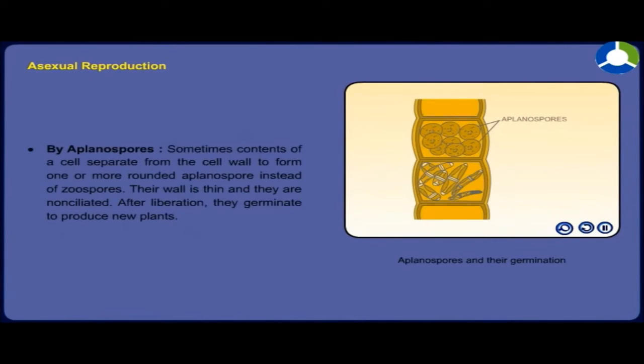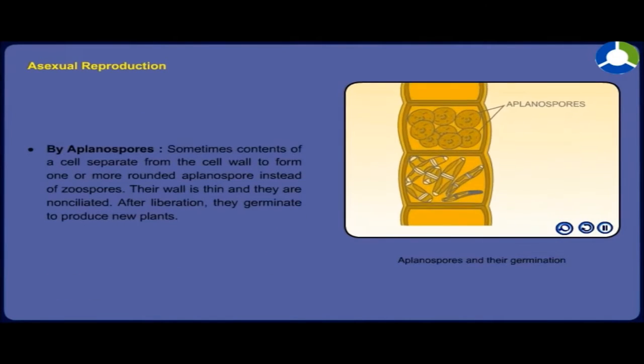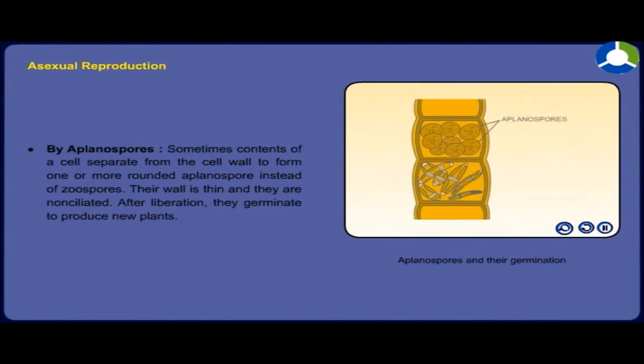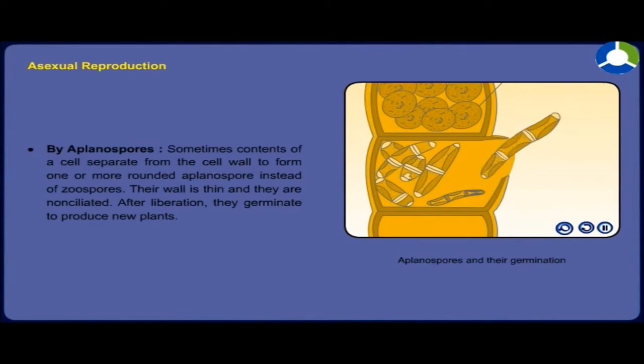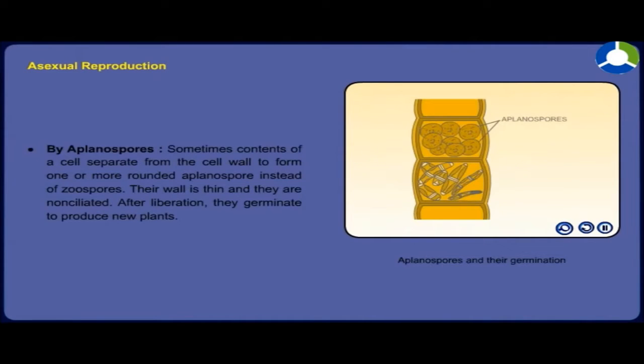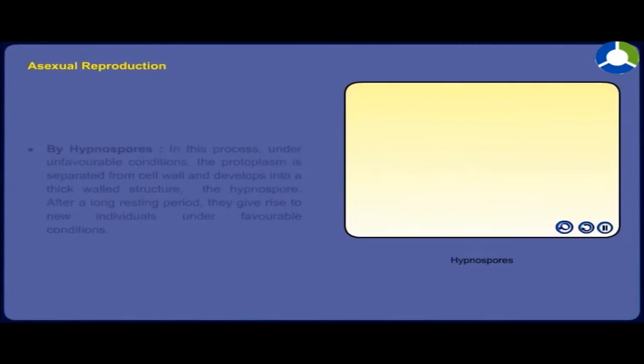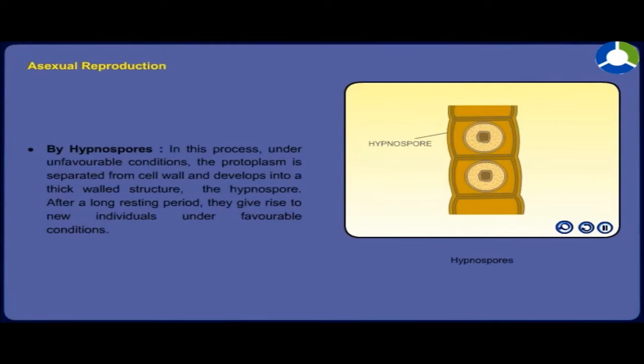By aplanospores: sometimes the contents of a cell separate from the cell wall to form one or more rounded aplanospores instead of zoospores. Their wall is thin and they are non-ciliated. After liberation, they germinate to produce new plants. By hypnospores: under unfavorable conditions, the protoplasm separates from the cell wall and develops into a thick-walled structure.